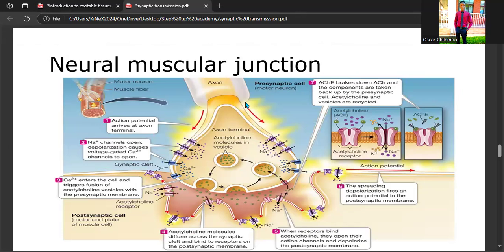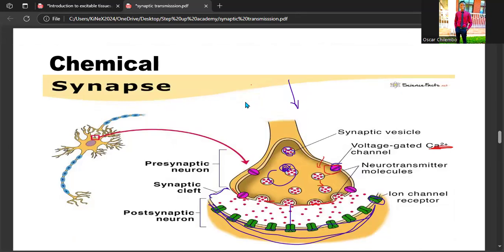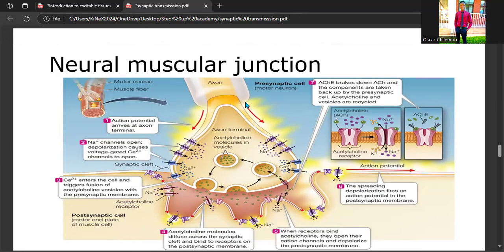The previous one was just the synapse, which is between a neuron and a neuron, but we also have the neuromuscular junction. This is also like a synapse, but it means a neuron and a muscle are connecting.